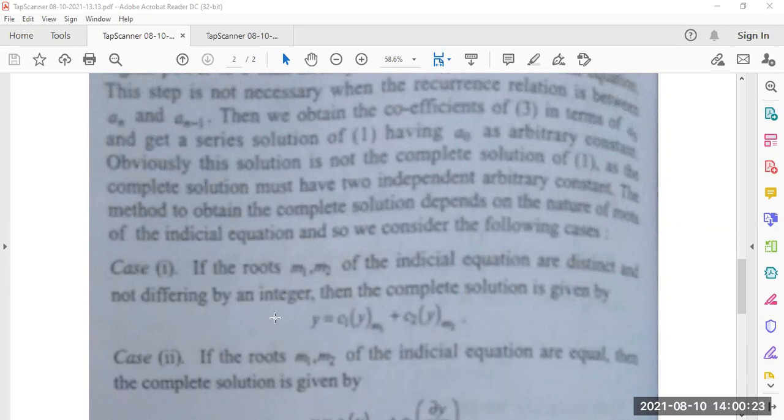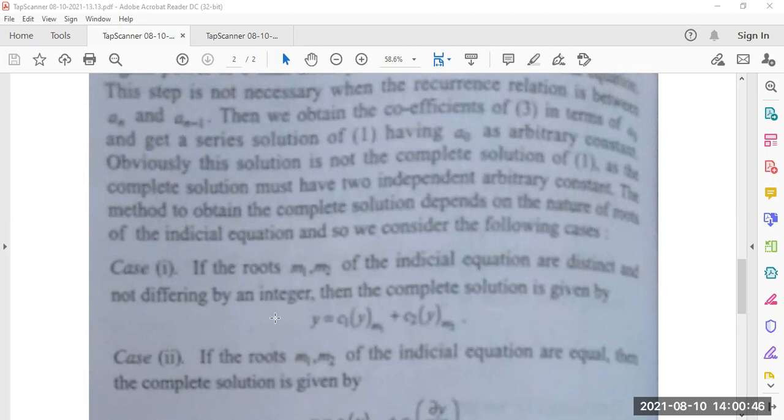And the roots are distinct and not differing by an integer. What does it mean? That means one of the roots is an integer, another root is a fraction. Suppose one root is 3, another root is half. Then the difference between these two roots is 5/2, which is not an integer. Is it clear?